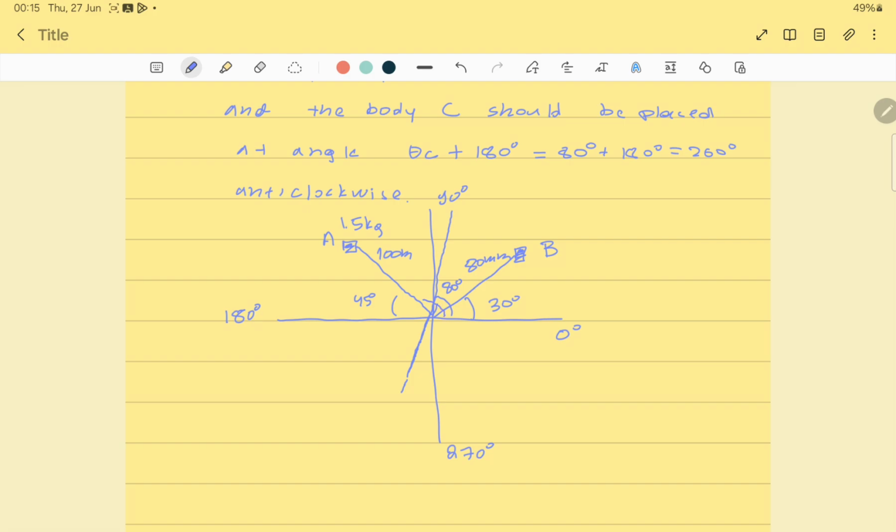So this angle here is 260. So we place C here with a radius of 73 millimeters, angle 260 degrees.